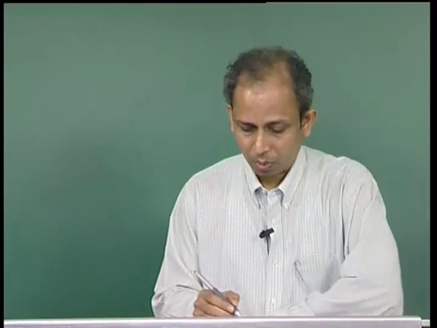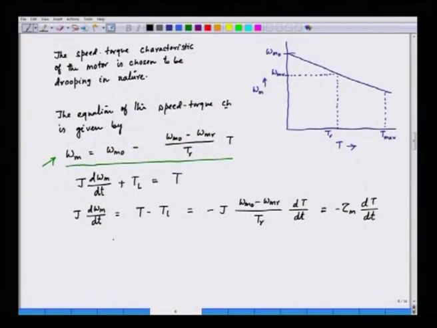Tau m is given as J omega m naught minus omega m r by T r. So, this is what is tau m.